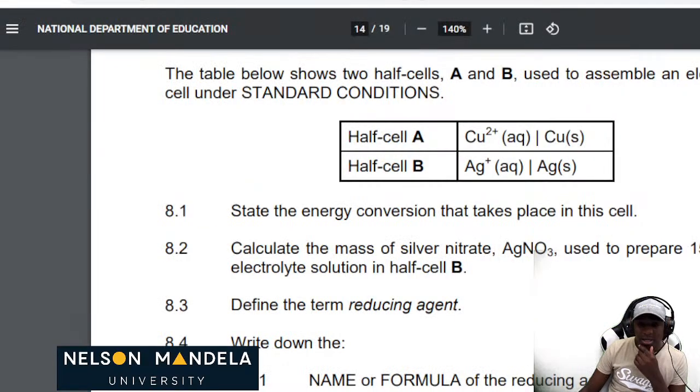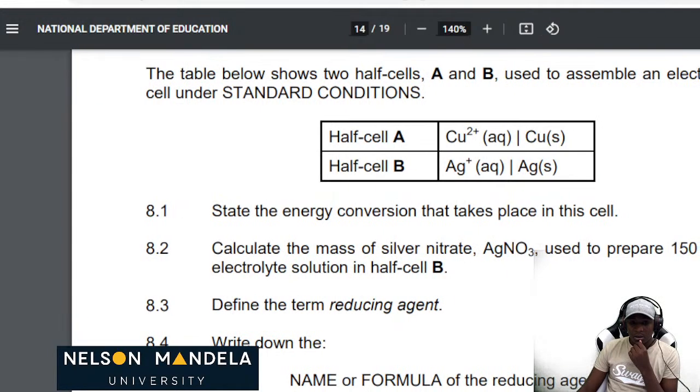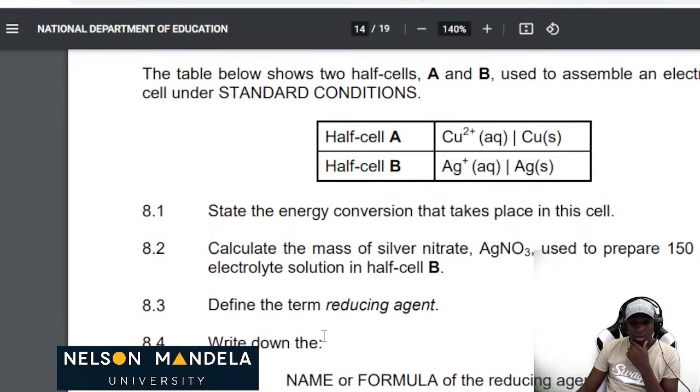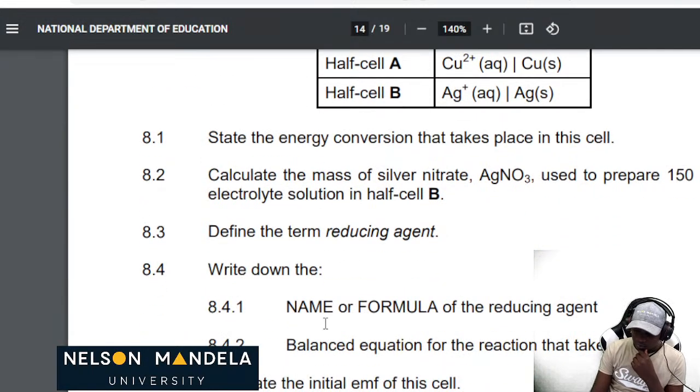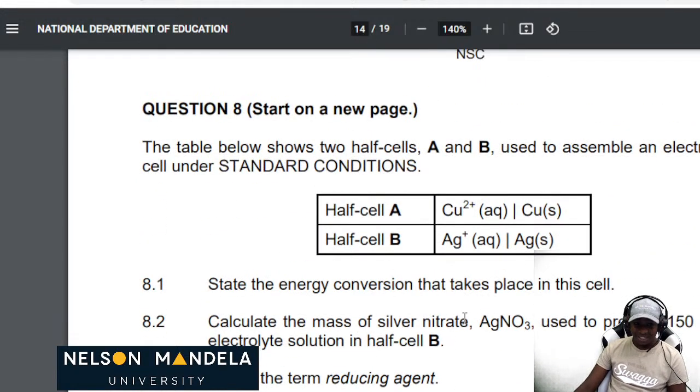The next question, 8.4, says write down the name or the formula of the reducing agent.